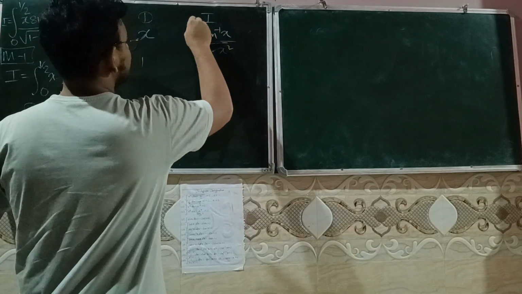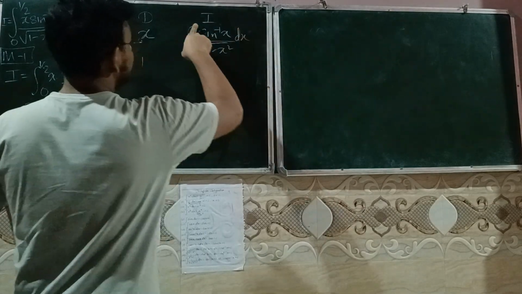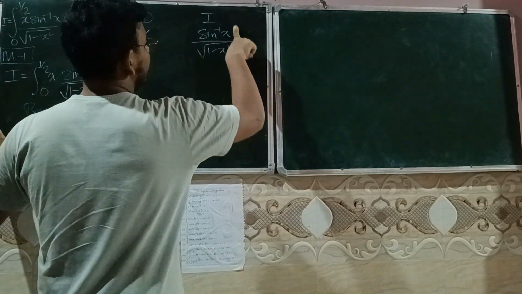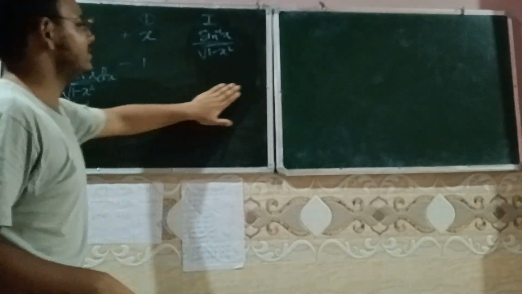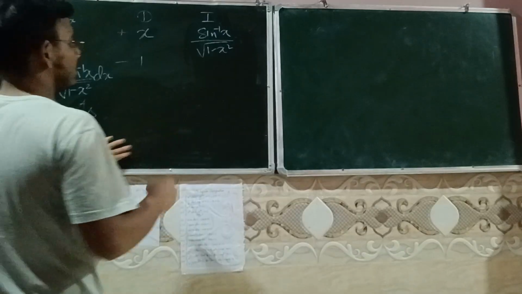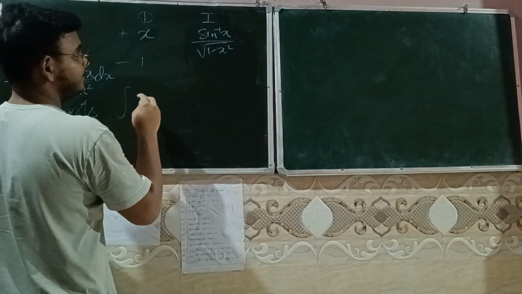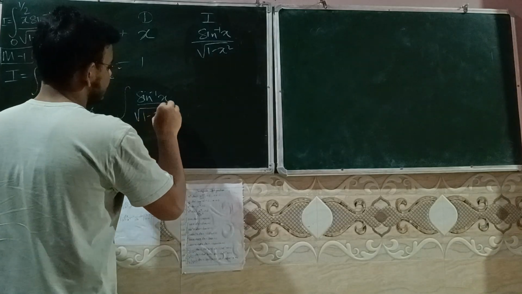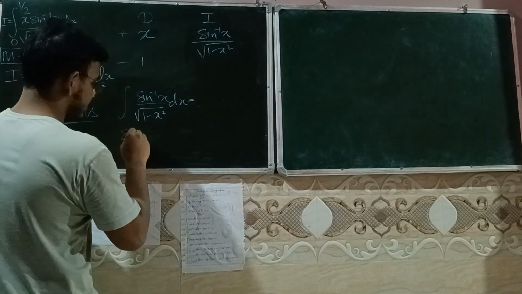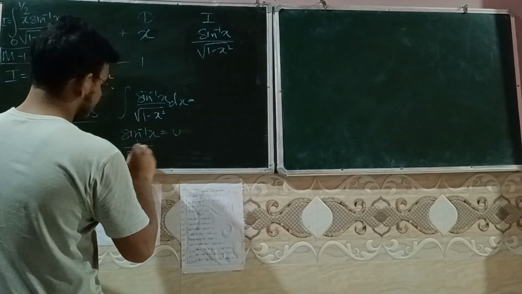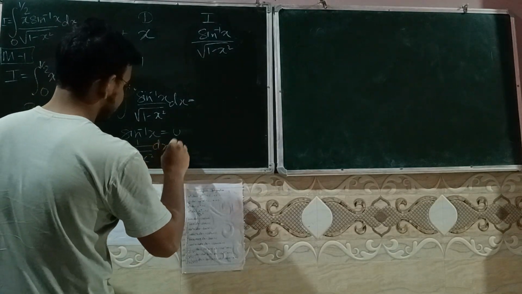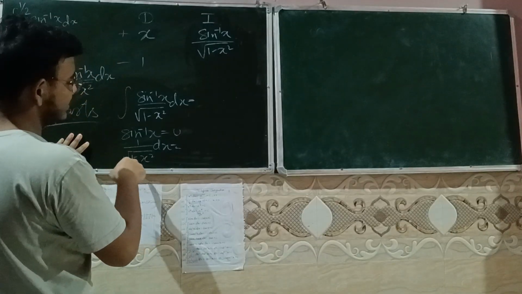This integral is nothing but, I have calculated it, and if you want me to calculate, just tell me. But yeah, it's easy. Okay, let me just do it anyway. Sine inverse of x over square root of 1 minus x squared dx. Let sine inverse of x be u. Then the derivative of sine inverse of x is 1 over square root of 1 minus x square, right?